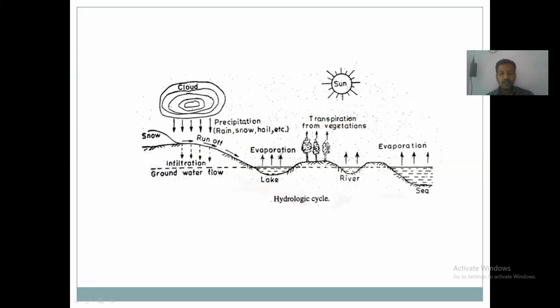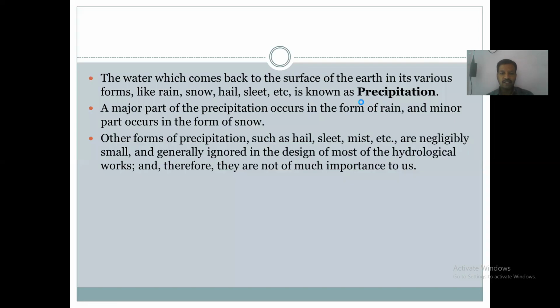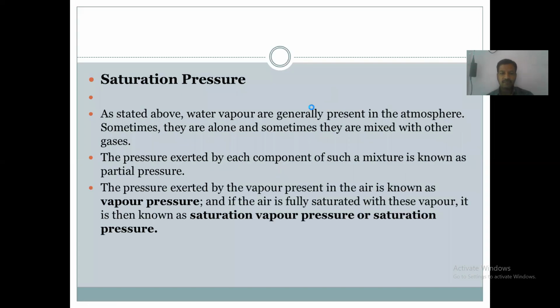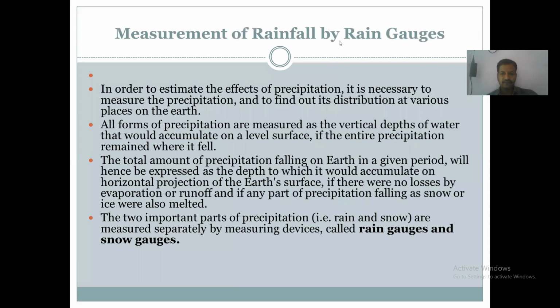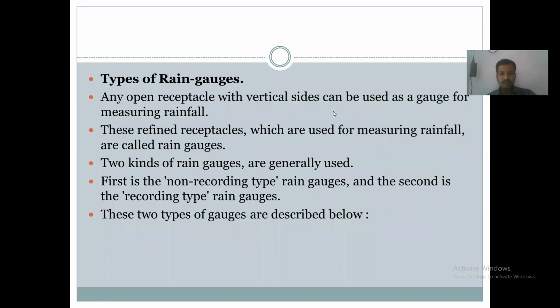So now we are going to see infiltration. In infiltration, the water will flow downward due to force of gravity. This infiltration process is one of the terms of the hydrological cycle.